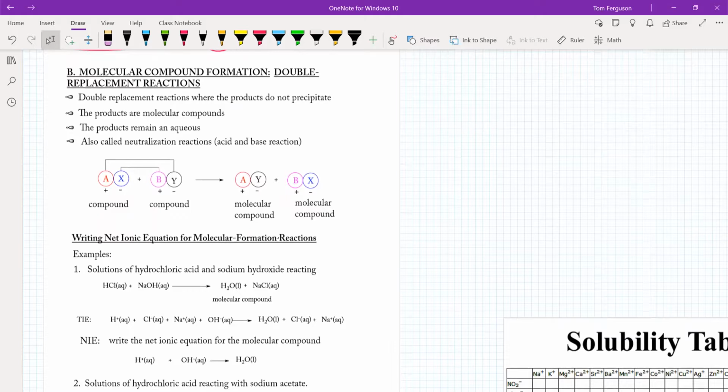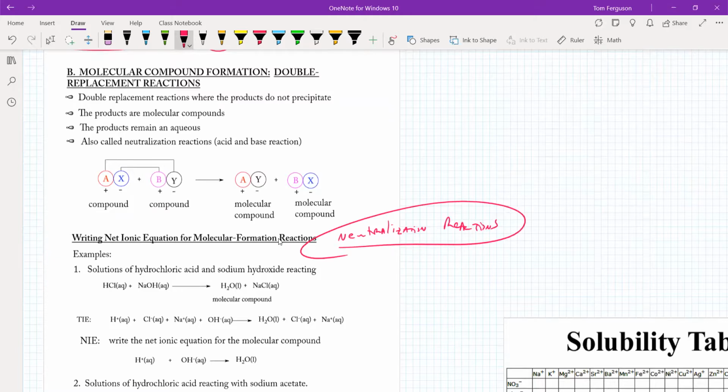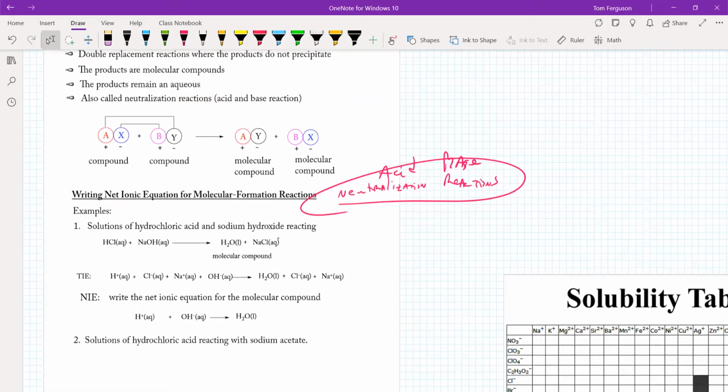Okay. These are usually acid-base neutralization reactions.